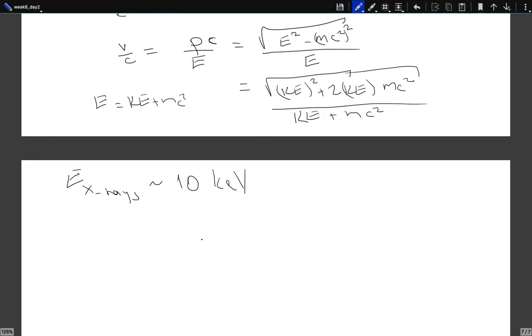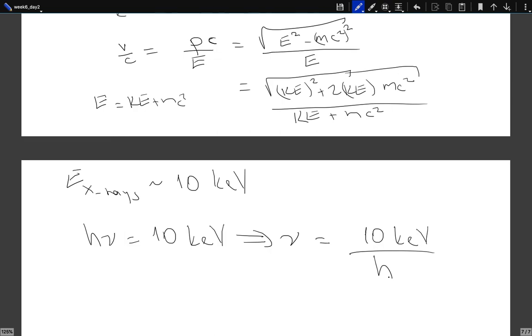Divided by? You see, h nu should be 10 keV, which tells me that nu should be 10 kiloelectron volts divided by Planck's constant. What's Planck's constant?